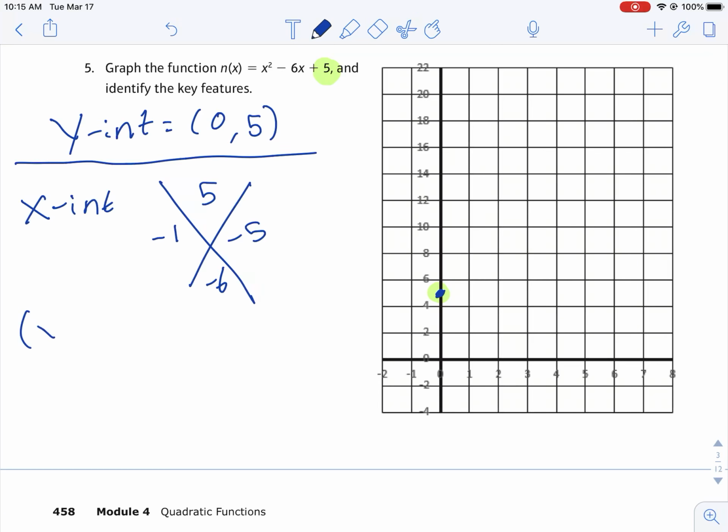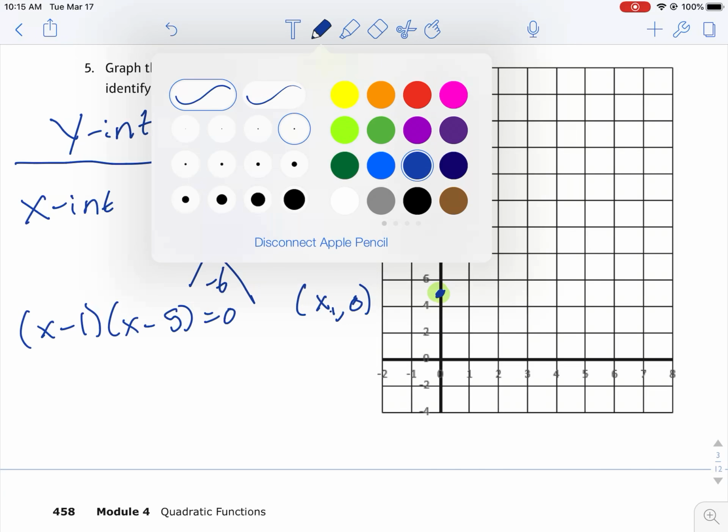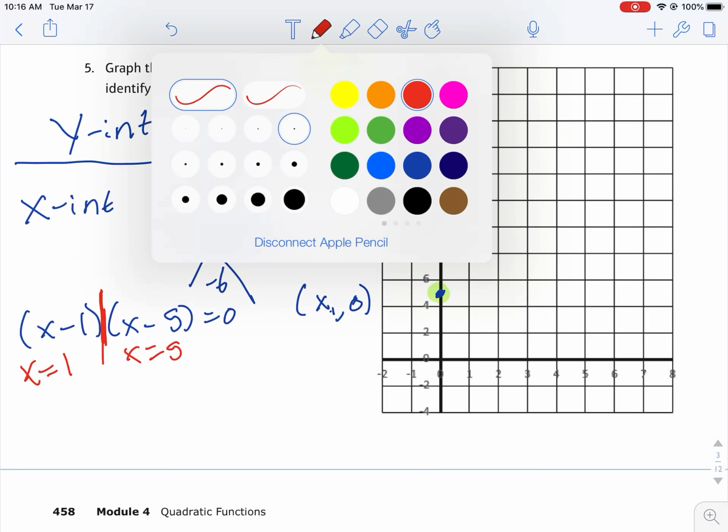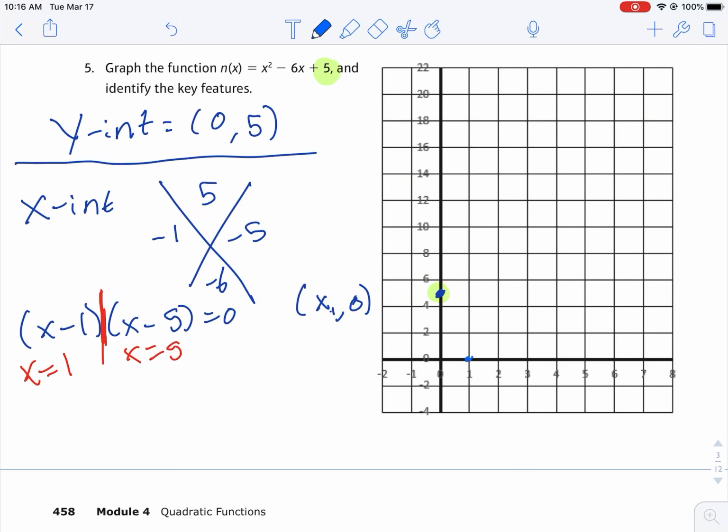So we get this form, x minus 1, x minus 5 equals 0. The reason we set it equal to 0 is because we're solving for our x-intercept. And if we have an x-intercept, that's of the form x1, 0. Okay, so we're using that zero product property, and we get x equals 1 and x equals 5 for our two intercepts. So here's 1, here's 5.